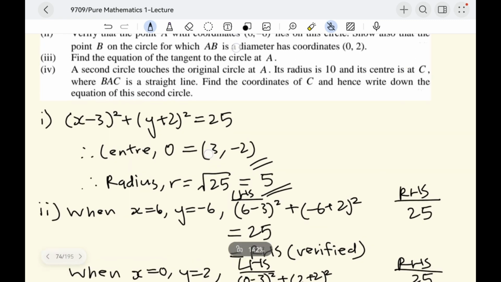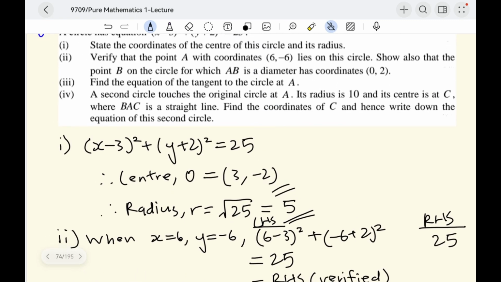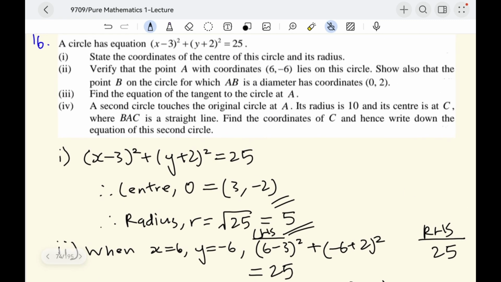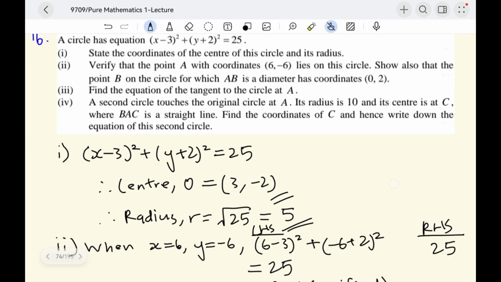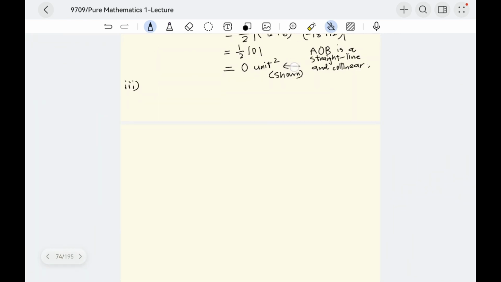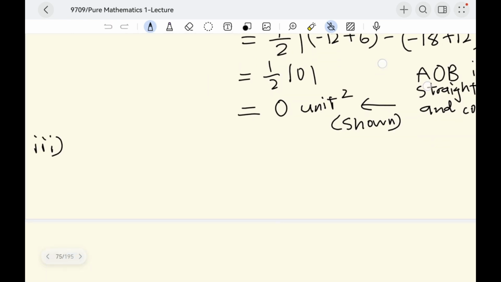Find the equation of the tangent to the circle at A. So what is the center point? 3, -2. In my opinion, I have to draw a diagram for your understanding. Here is your 3, -2.